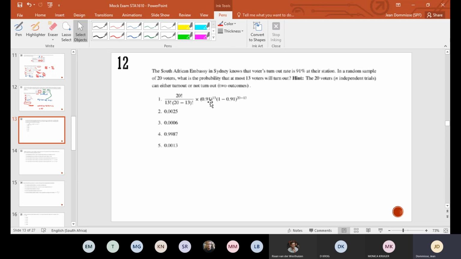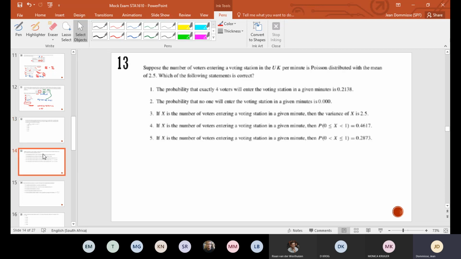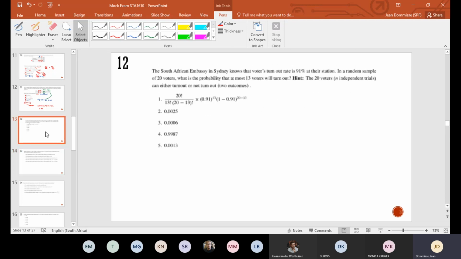It's weird that normally with the binomial, the ones that I've now seen in the previous papers as well, they actually don't ask you to use certain things. And I thought maybe here is an easy way of calculating this.